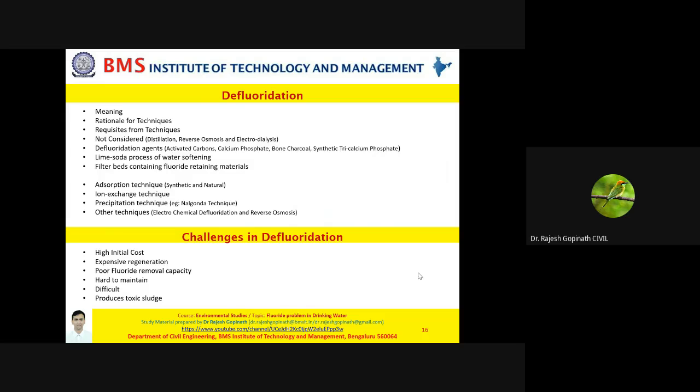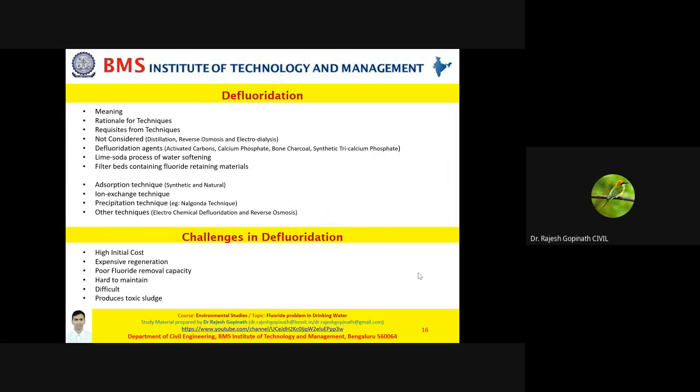Now what we need to understand here is, though there are several methods and technologies for defluoridation, most of these are not dedicated or sincerely only for the removal of fluorides. For example, if you're talking about reverse osmosis or distillation or electrodialysis, or if you're talking about agents such as bone charcoal, calcium phosphate, activated carbon, these are capable of removing any anion or cation for that matter.